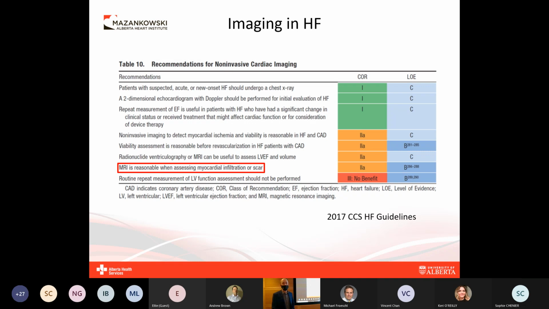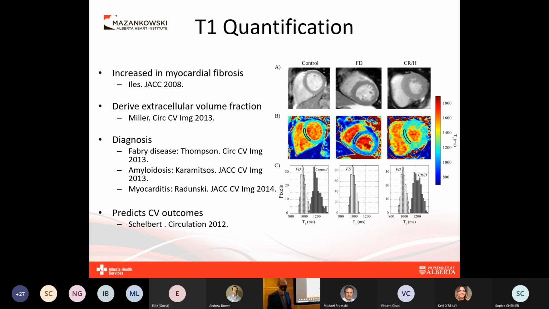The same 2017 heart failure guidelines also recommend using cardiac MRI to evaluate for myocardial scar or infiltration. Probably the way we now assess infiltration and inflammation is using something called T1 mapping. One of the earliest studies was in 2008, where the investigator Iles showed that T1 quantification correlated with myocardial fibrosis on histological examination.